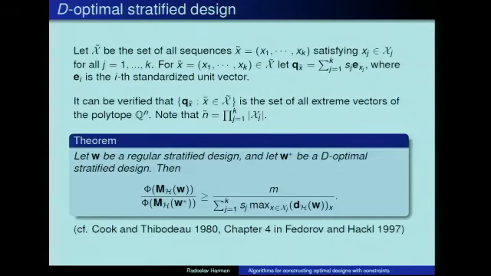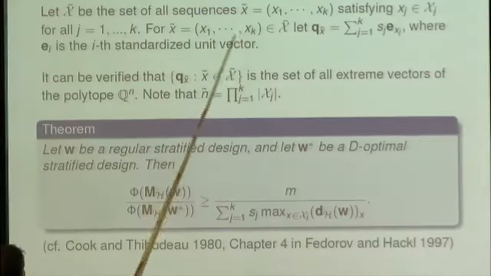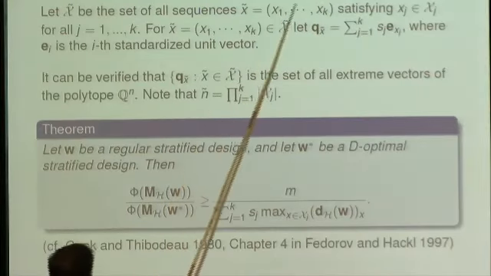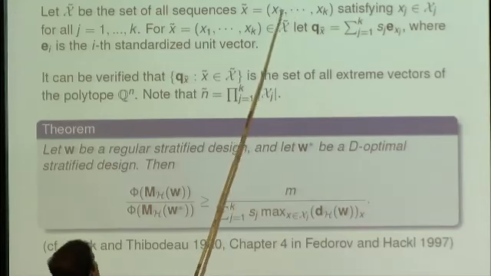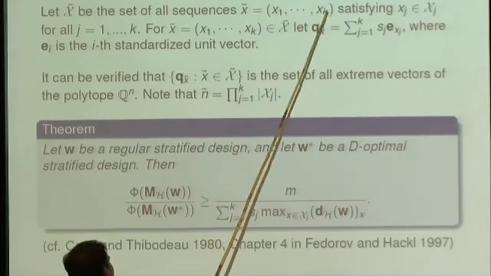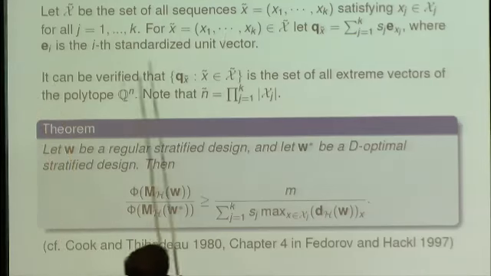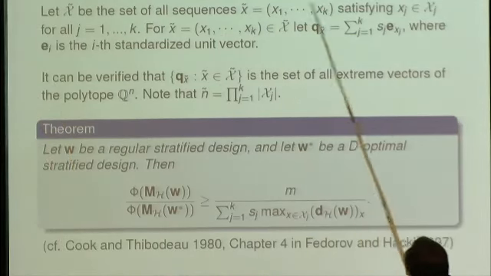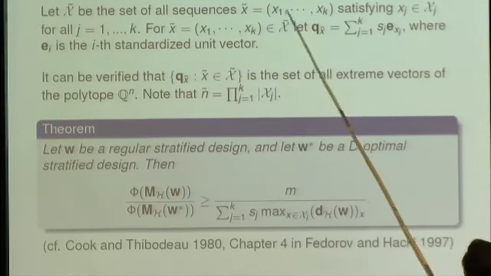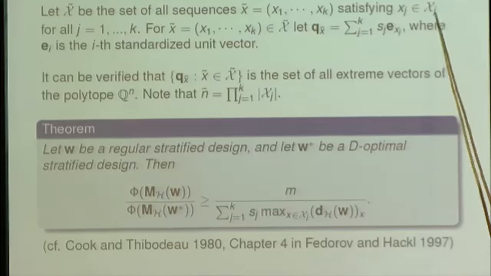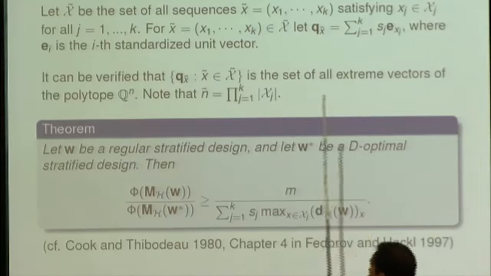In this case, the set of all extreme vectors is much larger. Assume that x tilde is a vector of x's of the design points such that the jth component of this vector belongs to the jth stratum.